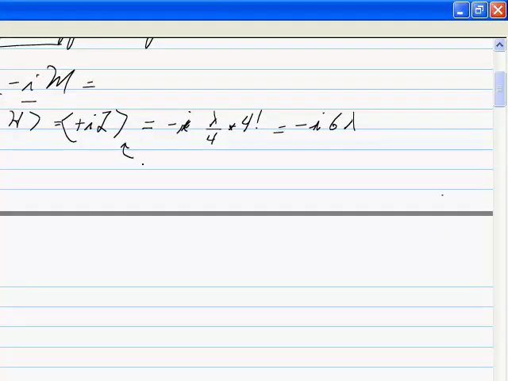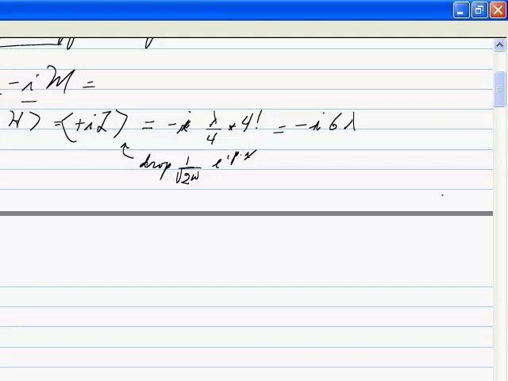It should be said that you're dropping any 1 over square root of 2 omegas and e to the i p dot x's. Those have disappeared because they go into that external factor. Whatever's left over, you just take the matrix element of a Hamiltonian or Lagrangian.